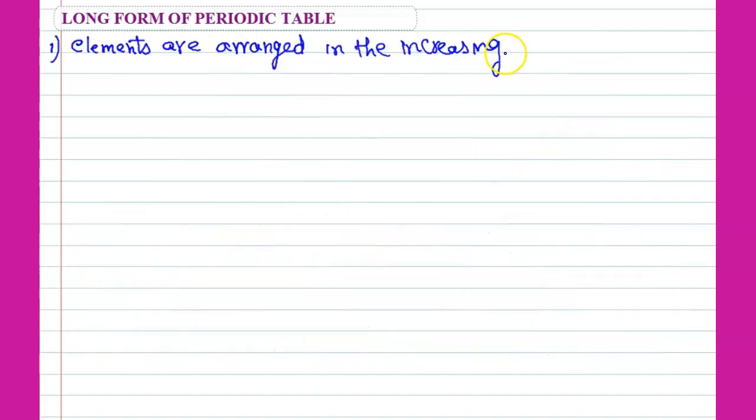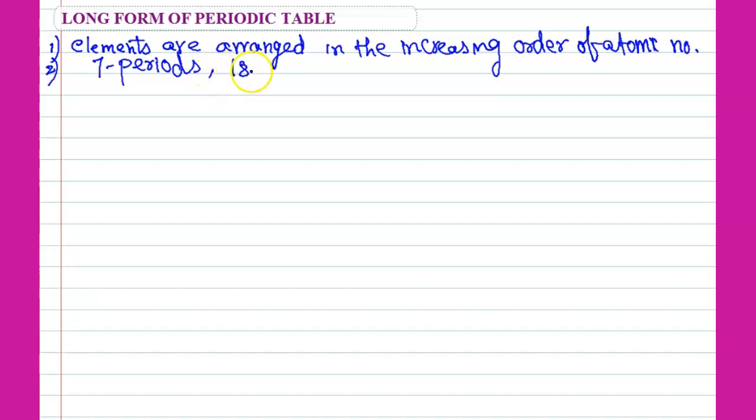The main points of the long form of periodic table: first, elements are arranged in the increasing order of atomic number. Second point, it has 7 periods and 18 groups.